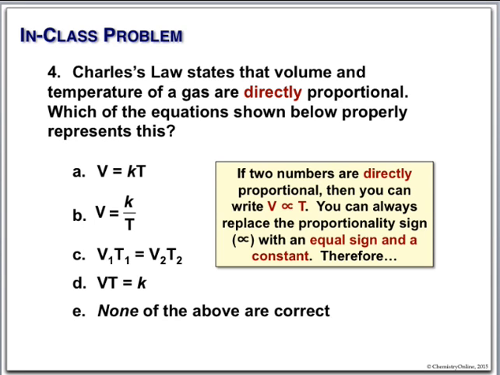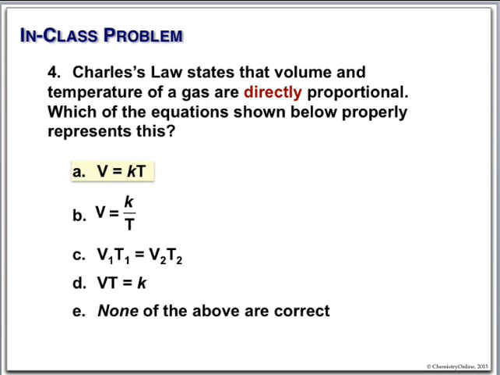What we did anytime we had the proportionality symbol was we replaced that with a constant and an equal sign. Proportionality can always be replaced by a constant and an equal sign. Therefore, if this is the relationship, and we're going to replace this with a constant and an equal sign, this works perfectly, doesn't it?